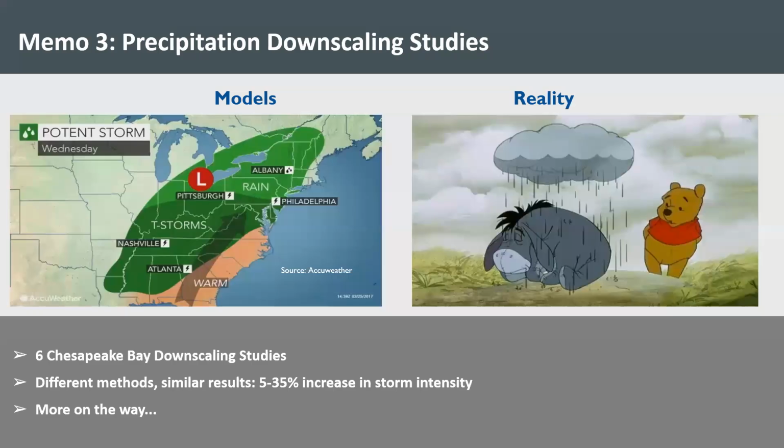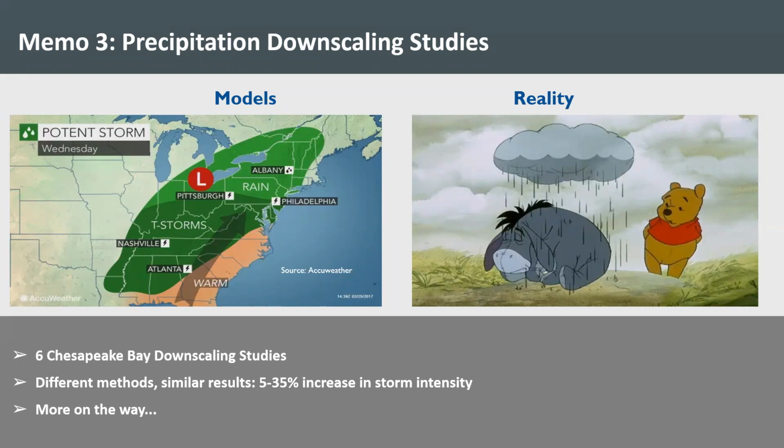And then because a lot of those projections are done at these large global or regional scales, there are different methods that can be done to downscale those or make them applicable to a more localized area. So there have been 6 different studies that have been done across the Chesapeake Bay watershed. This memo summarizes those, talks about some of the methods that are used to do that, and why you might select one method over another.